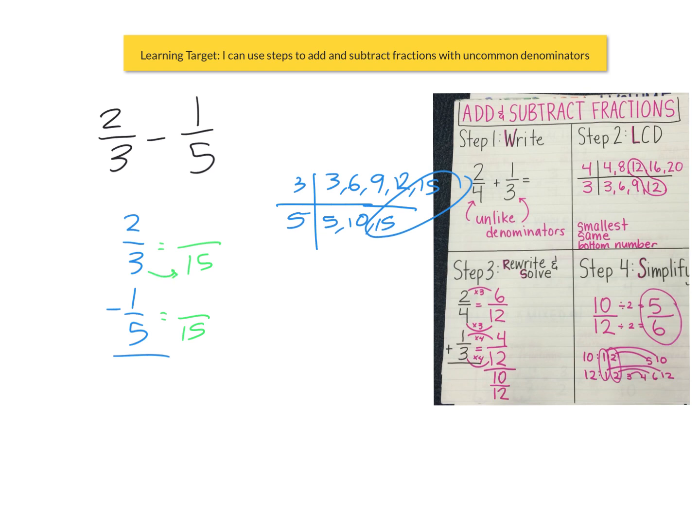Now I need to rewrite my numerators. 3 times 5 is 15, so that means I need to do 2 times 5 to get 10. 5 times 3 is 15, so that means I need to do 1 times 3 to get 3. And I need to check my operation. I am subtracting, so 10/15 minus 3/15 is 7/15. And again, I'll simplify in our next lesson.